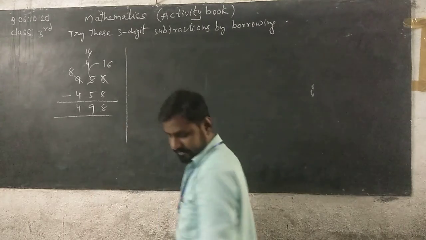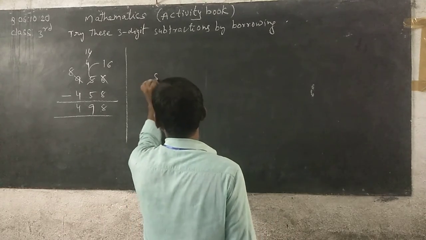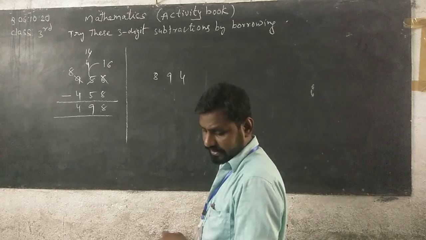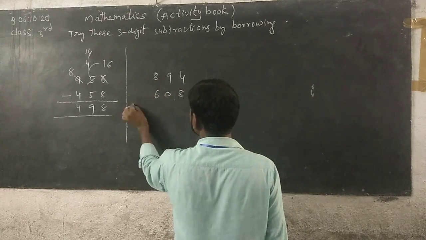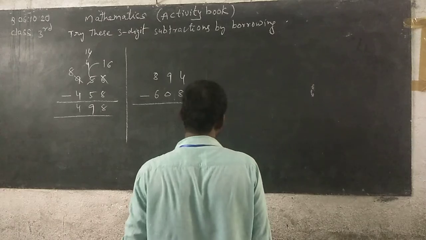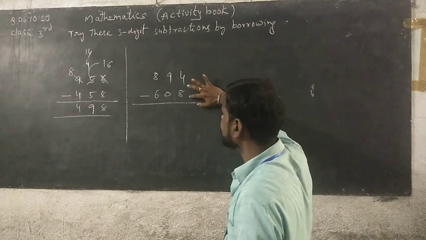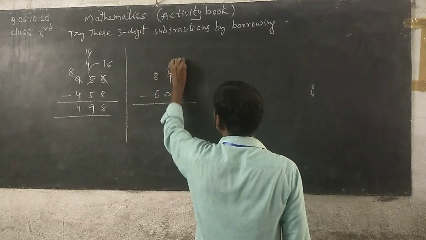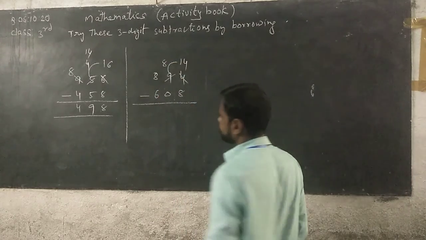Now next, 894 minus 608. First subtract the digits in ones place. 4 minus 8, it is not possible because 4 is less than 8. Take borrowing from 9, it can give 10. 10 is added to 4, you get 14. So 9 can lose one, here 8.